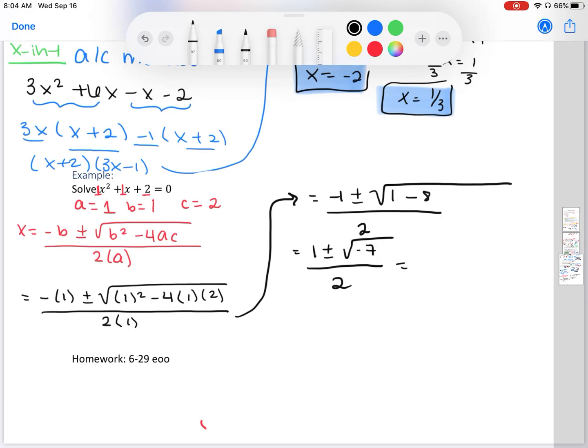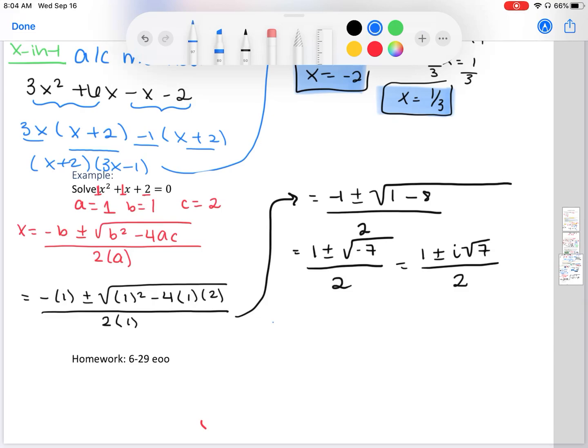Now I have a negative within my radical. We know how to work with that now. So I have negative 1 plus or minus i, and I can't take the square root of 7, so I just leave it as the square root of 7, divided by 2. I can't simplify any further, so that is our answer.